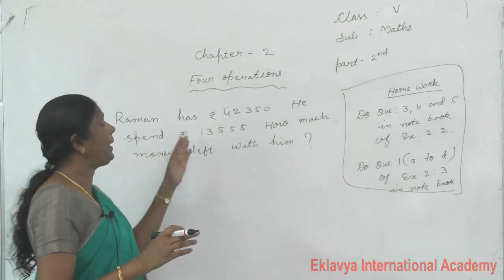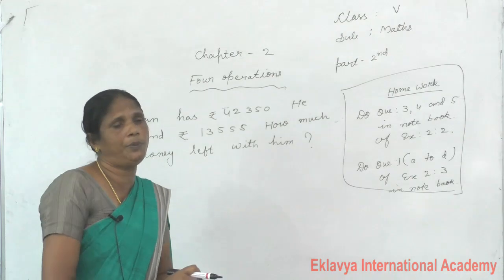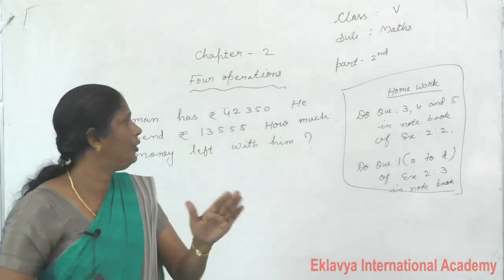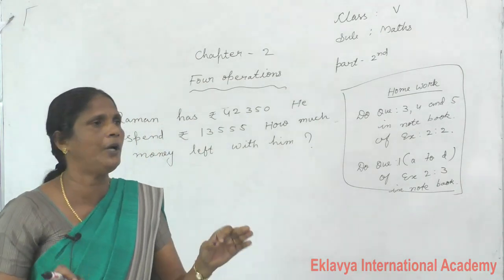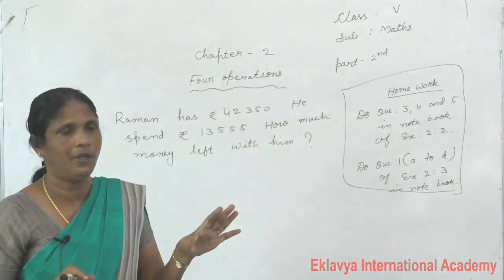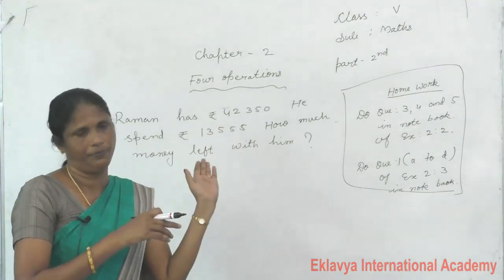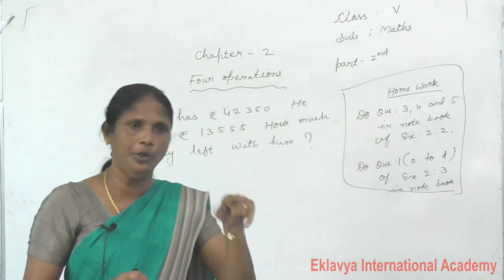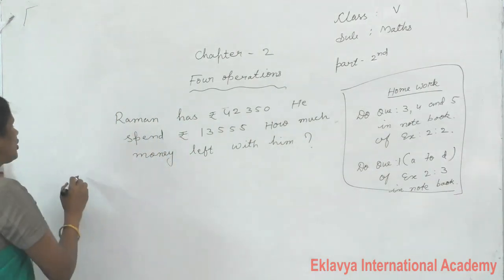Then he spent 13,555. You spend 13,555 rupees. Then how much money is left with him? Here is the question: how much money is left with you? Understand the question? Then first the statement solution.